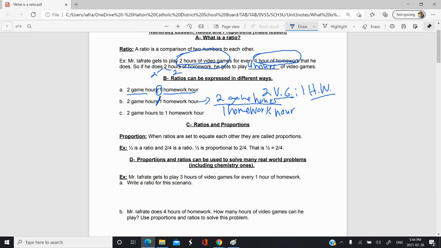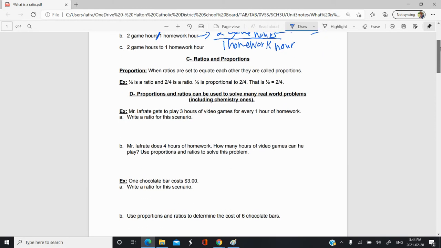solve problems. So for example, over here I have a similar scenario, but a bit different. Mr. Efrati gets to play 3 hours of video games for every hour of homework. So I'm just going to call homework HW, and hours of video games, I'm just going to call it VG, video games, like that. And so I'm going to make a ratio.